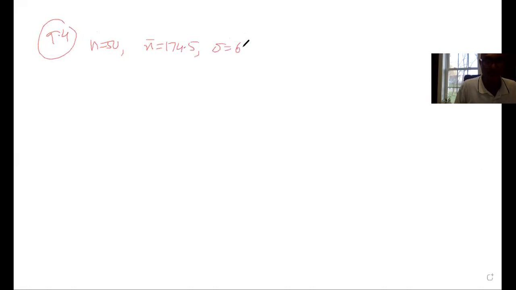x bar is equal to 174.5, sigma is equal to 6.9 given to us, and we are given 98% confidence, 0.98. So 1 minus 0.98 is equal to 0.02, and that is my alpha value. If you divide by 2, you get 0.01, and 1 minus 0.01 is equal to 0.99.